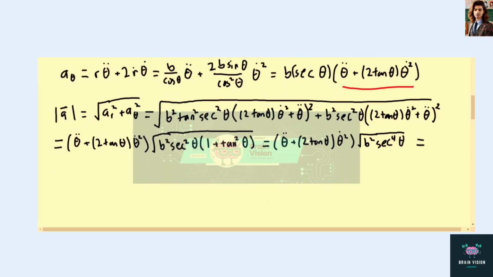So we'll simplify here, and so we've got a b secant squared theta, and that other term is our theta double dot plus 2 theta dot squared tangent theta. And so that is our magnitude of our acceleration vector.